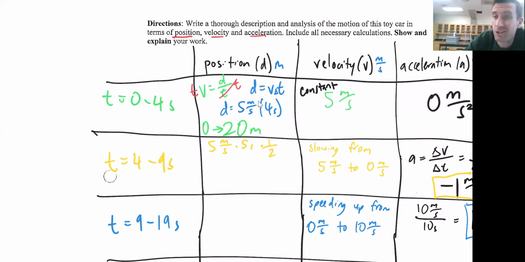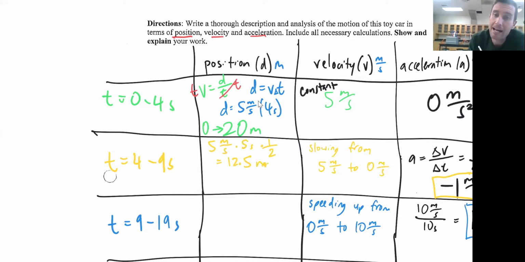So it's always changing. The average velocity would be half of 5, 2.5 meters per second, which gives me a total of 12.5 meters is how far I traveled.